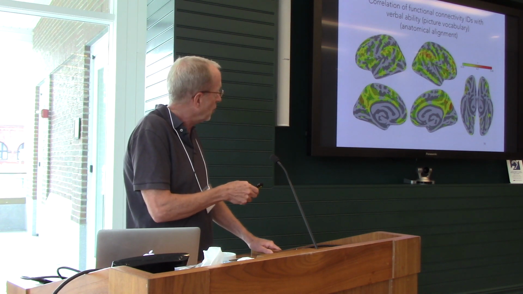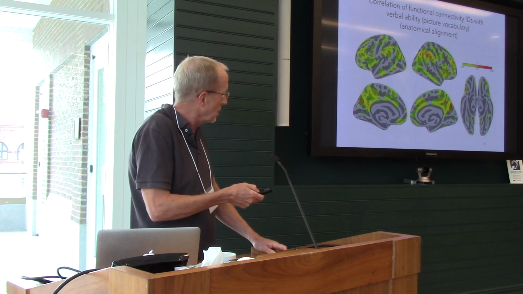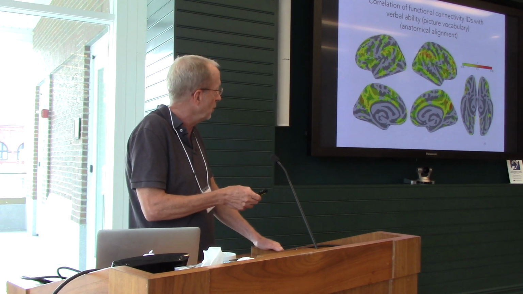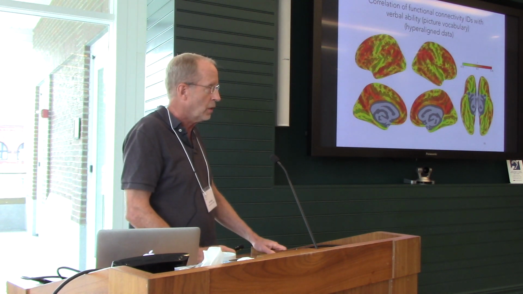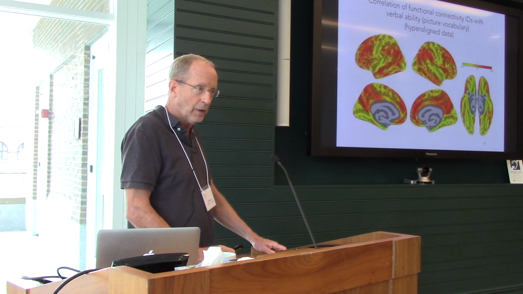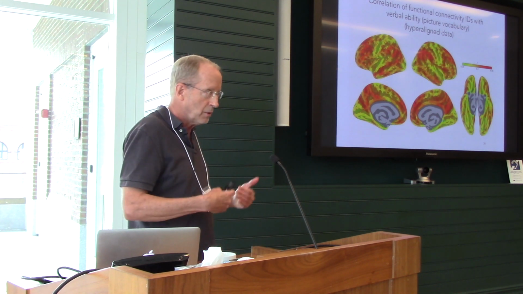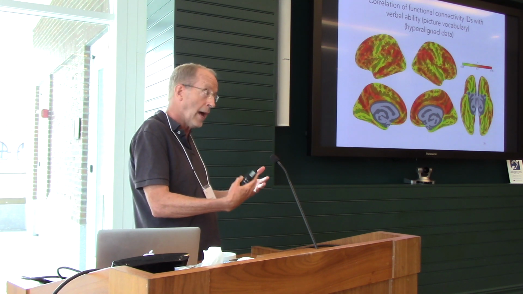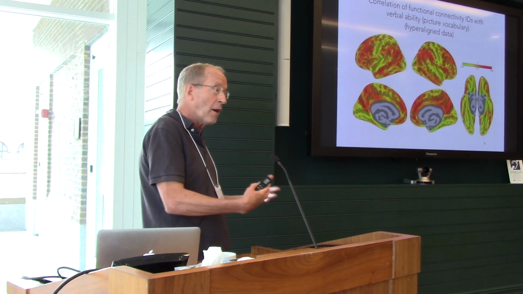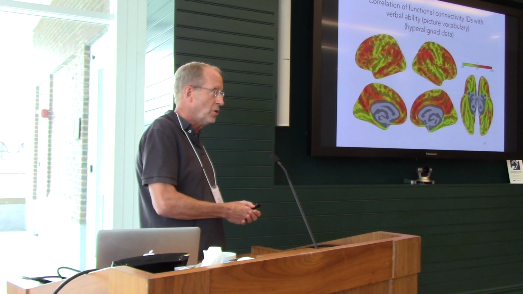Again, after hyperalignment, are these more reliable differences actually related to something like cognitive ability? And the correlations go way up. So whatever is left over after we factor out these differences due to misaligned functional anatomy gives us a better estimate of how subjects differ from each other.